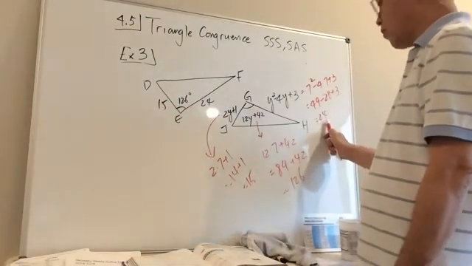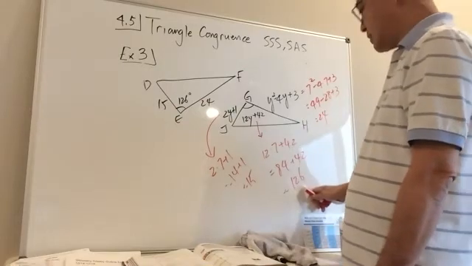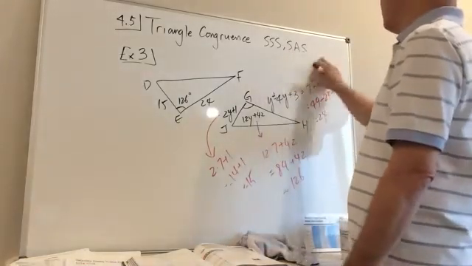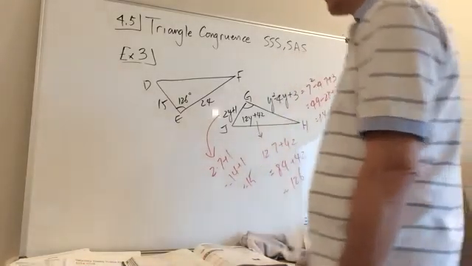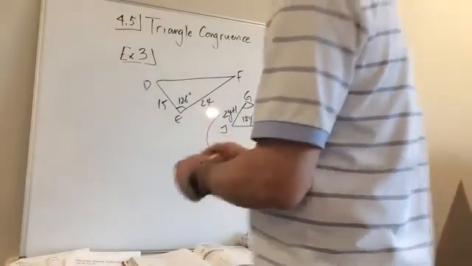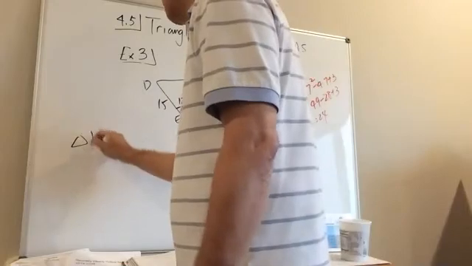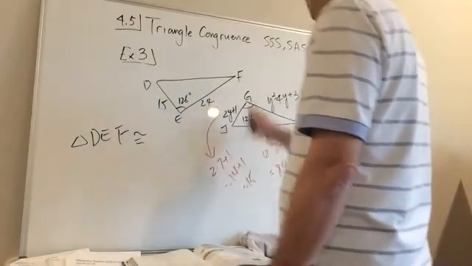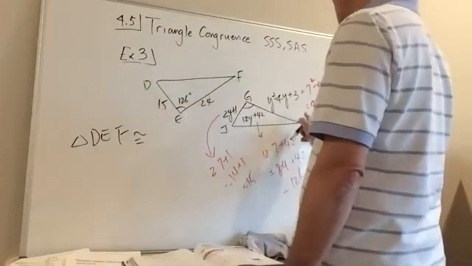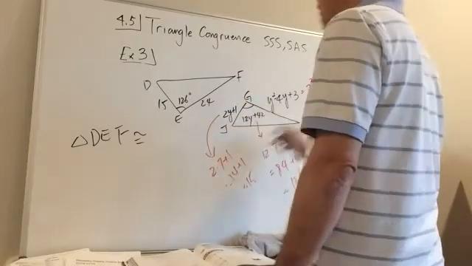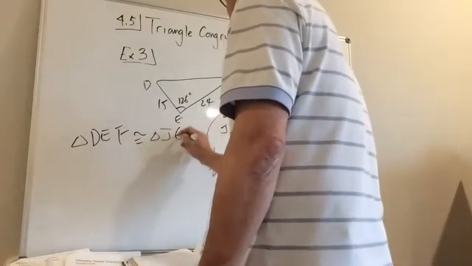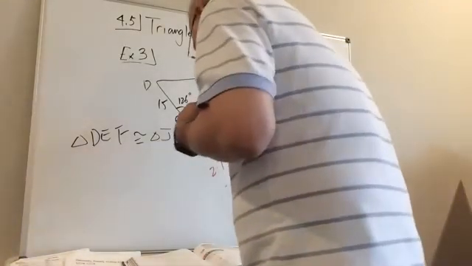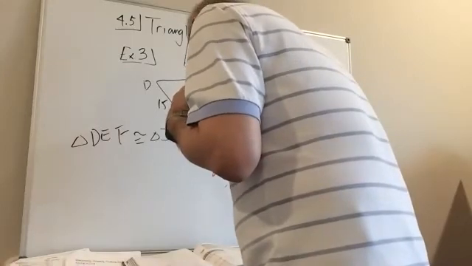So because of the side-angle-side congruence theorem, it's going to work, right? So let's go ahead and write the triangle DEF. DEF would be triangle JGH, right? Okay. All right, so that's that.